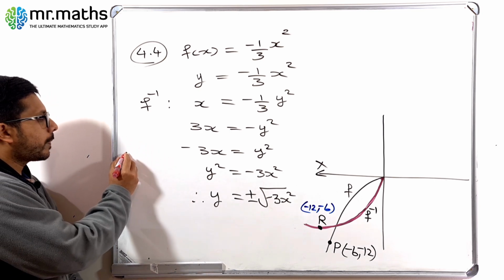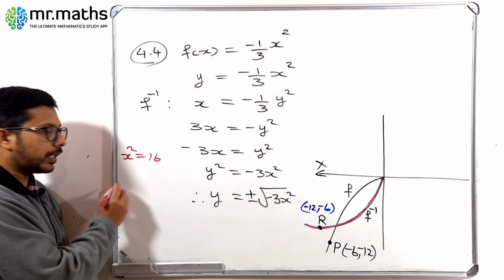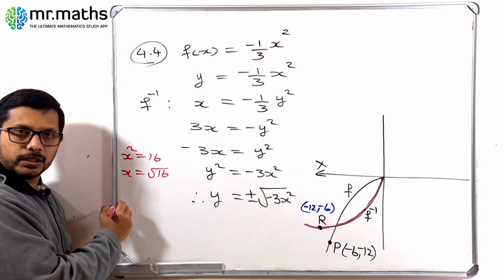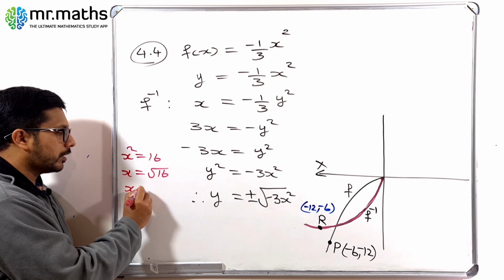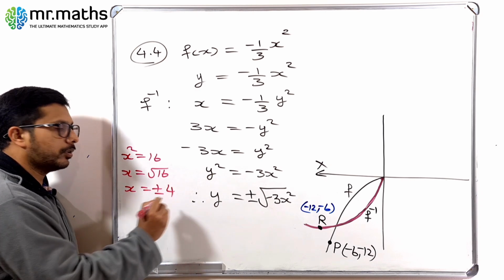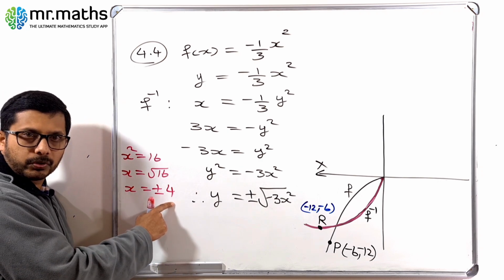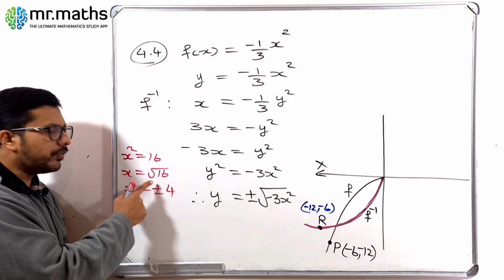For example, x square is equal to 16. What is x? Root of 16. So what is root of 16? X is equal to plus or minus 4. Root of 16 is plus or minus 4. Either plus 4 or minus 4. You know this one. Why are we saying like this?